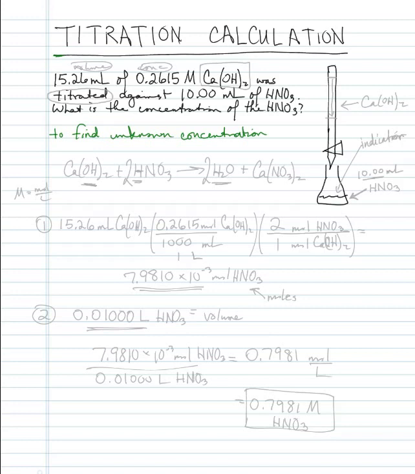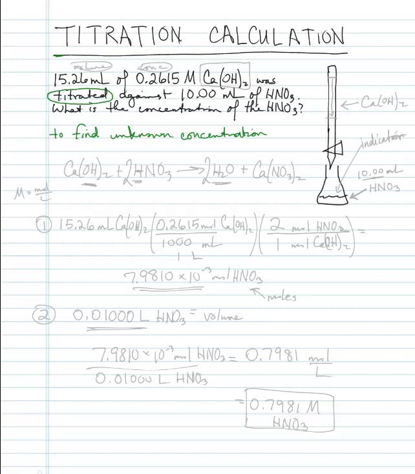There will always be some form of the word titration in the problem. It'll say titrated against, or we titrate, or titration, or titrating, but that will always be in the problem.